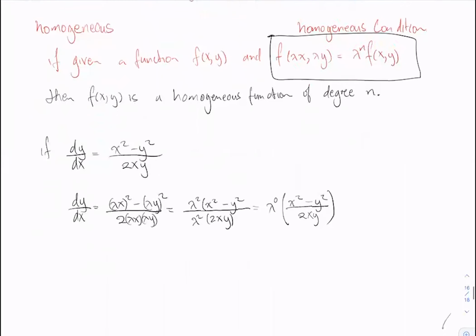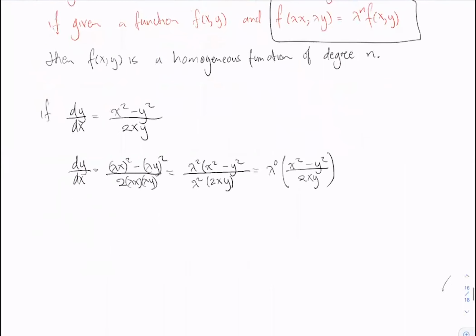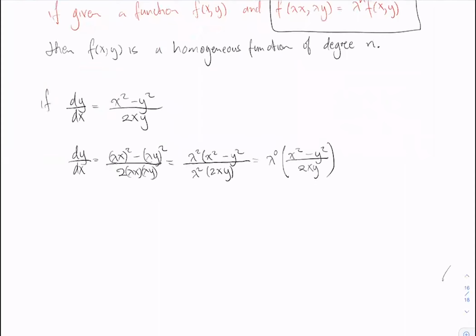Once we test it with a homogeneous condition and we realize that it is indeed a homogeneous function of degree something, then we can make a substitution. So this is what the theorem says, and this theorem is related to solving homogeneous differential equations.